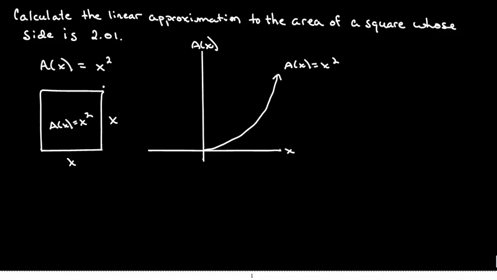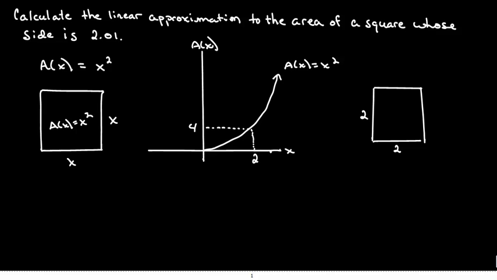Now what we're asked to do is approximate this guy. So what we're going to do is use an area that we know really well. If the side length was 2, so let me draw out a picture of that guy. Okay, if the side lengths were 2, then we know the area would be 4.